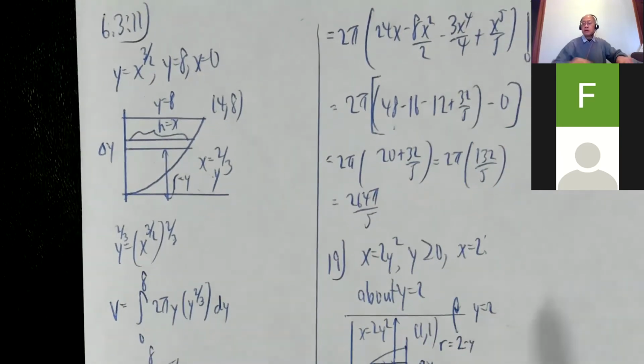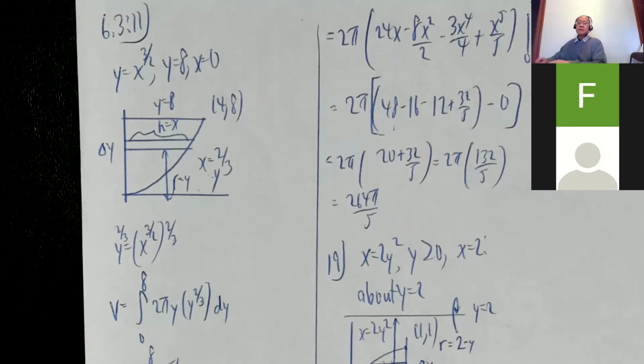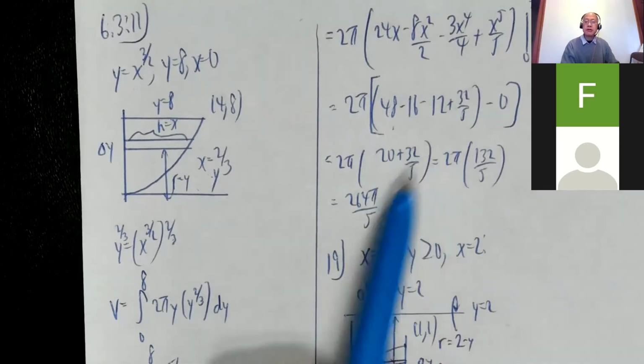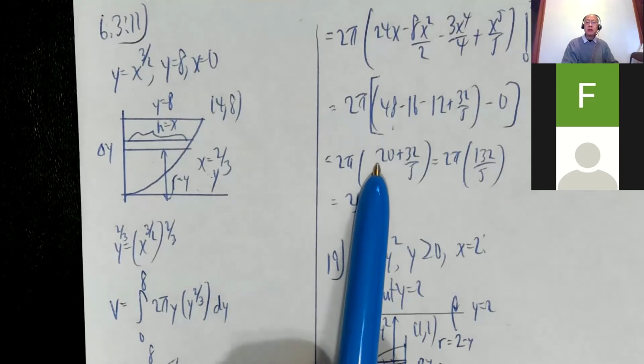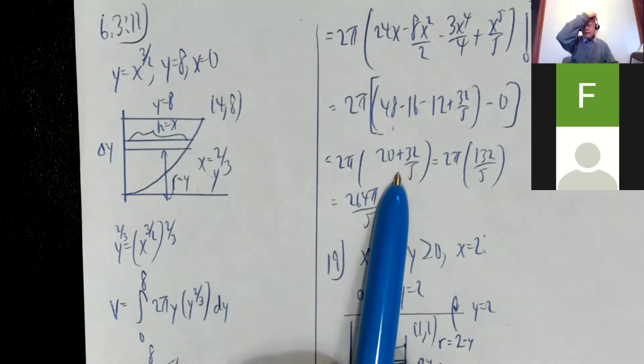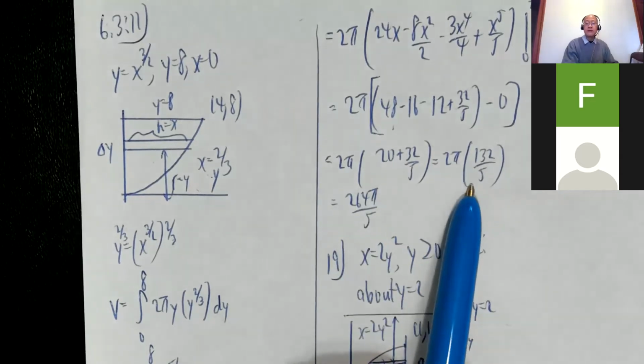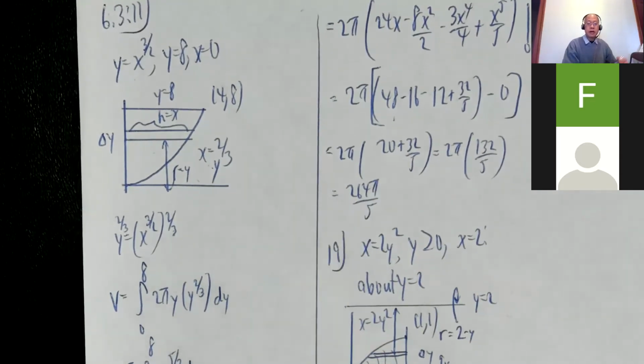Plug in 2, 32 over 5. Okay. Some messy arithmetic. 48 minus 16 is 32, minus 12 is 20. 20 plus 32 over 5. Common denominator is 5. 20 is 100 over 5. 100 plus 32, 132 over 5. Final answer, 264 pi over 5.